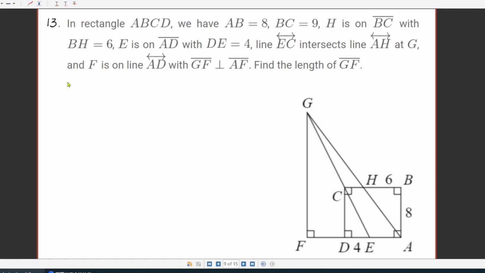Okay, first of all, because we know BC equals 9, then we have CH equals BC minus BH, which is 3. So CH's length is 3 here.